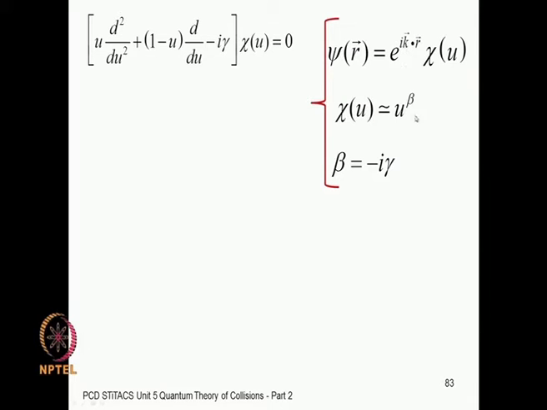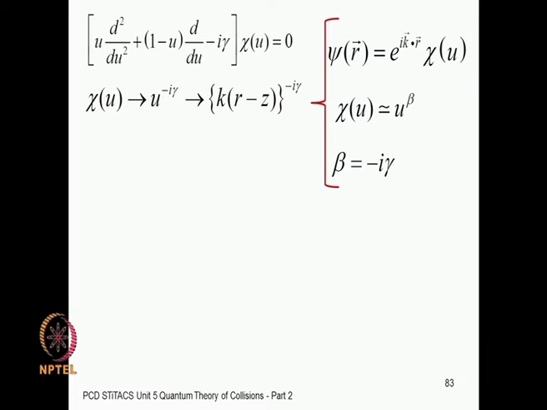So, this is one solution, and in this solution now chi goes as u to the power beta. We have agreed that beta will have to be minus i gamma. So, you put u to the power minus i gamma over here, and chi goes as k r minus z to the power minus i gamma.